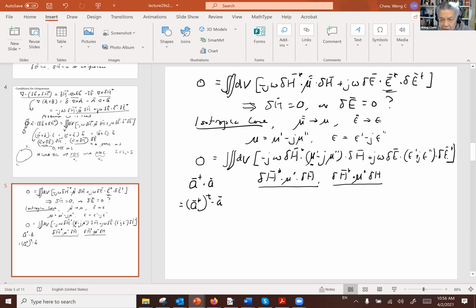So what is the inner product between two vectors when one of them is complex conjugated or Hermitian conjugated? Does anybody know? What is the special property about this inner product?